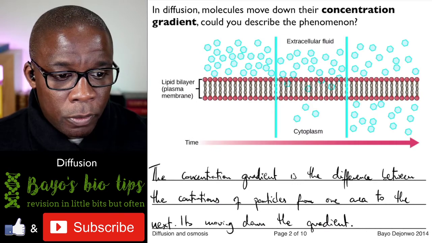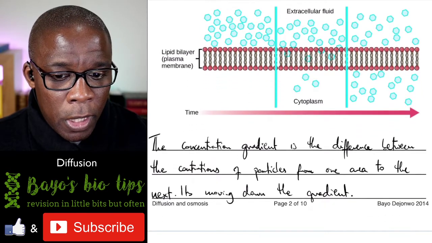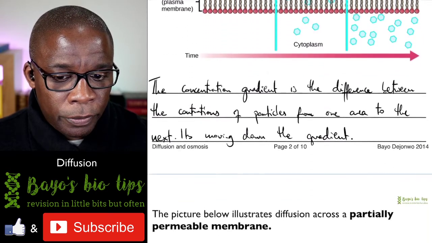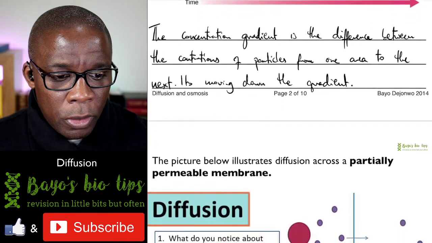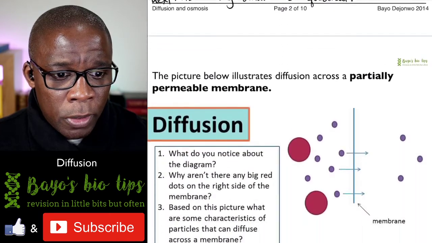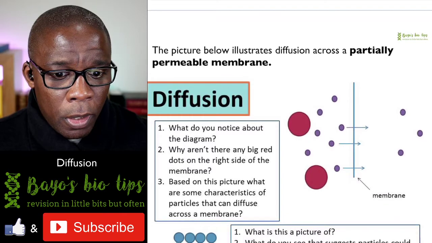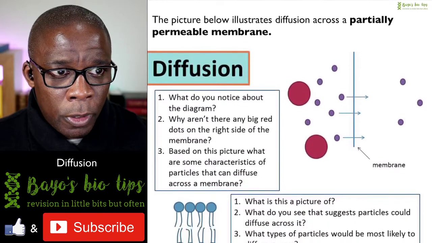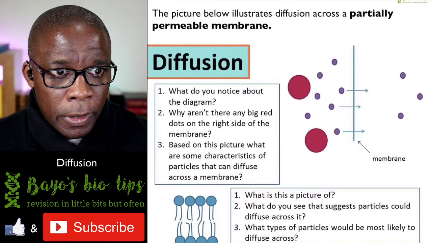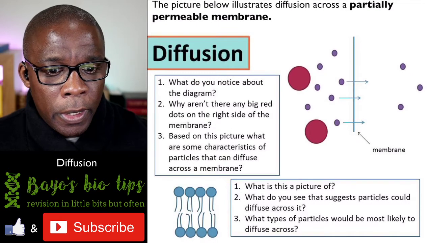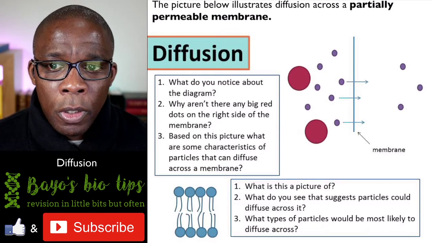Okay, so let's have a look at the next page. So we're going to mix things up a little bit. Here, we're going to be looking at diffusion, which involves a membrane.